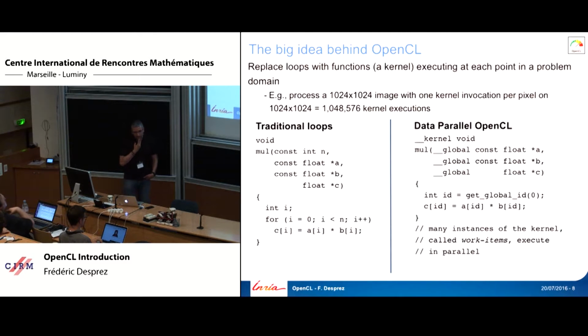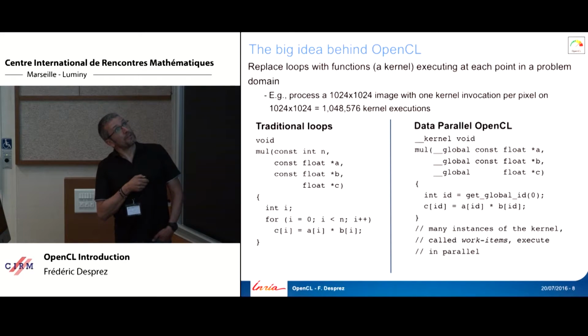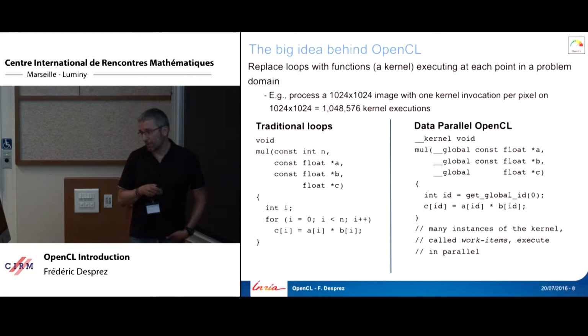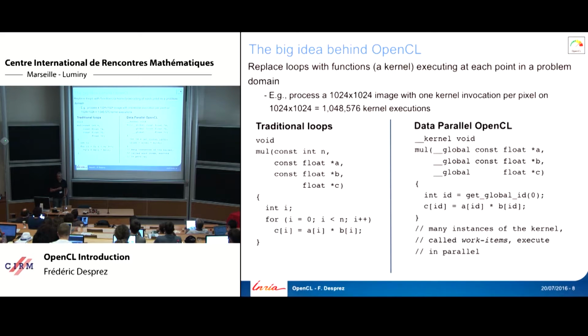So the big idea behind OpenCL is quite simple. You replace loops with functions, which you call a kernel, that execute at each point of a problem domain. For example, if you have an image made of 1,000 by 1,000 points, pixels, and you have loops across this domain, you just replace them with a kernel function, then you suppress the loop and replace it with a global ID, and for each point of the domain, you compute one kernel.